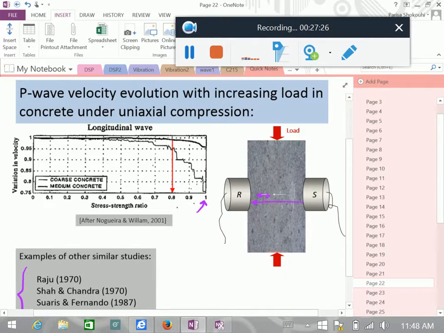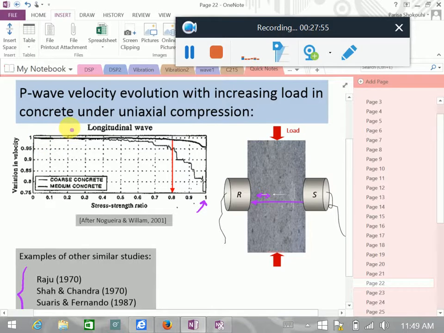You are increasing the load and looking at variation in velocity, normalized with respect to V0, so you start from 100%, nothing is changing.